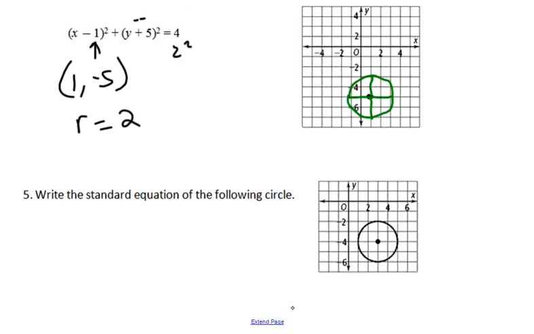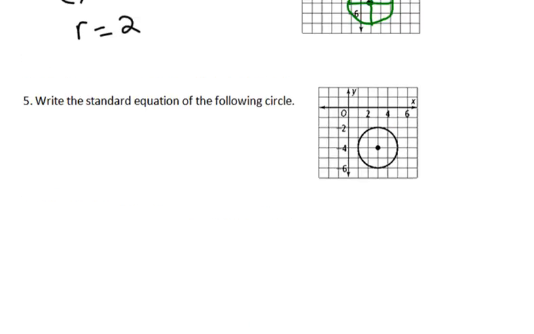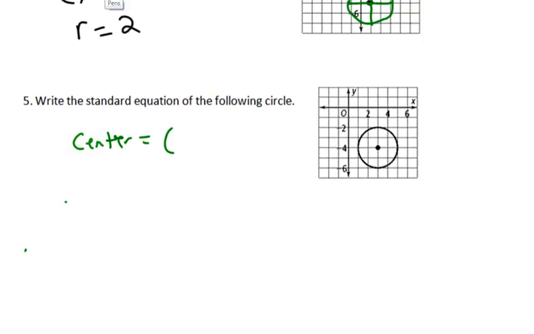All right, last one on this page. I might have 1 or 2 more examples, but this one says write the standard form given the circle. So we're going to have to find the center first and the radius. The center we have is 3, negative 4.